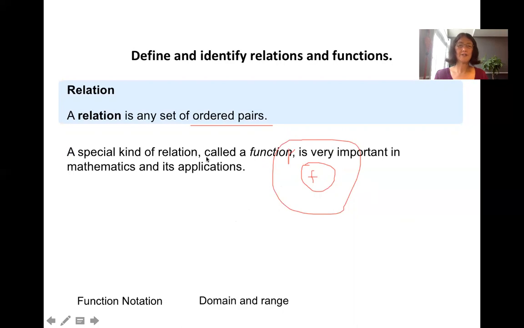So function is just a special kind of relation. It is special because for every x, you must get one y. If for different x you get the same y, that is not a function.